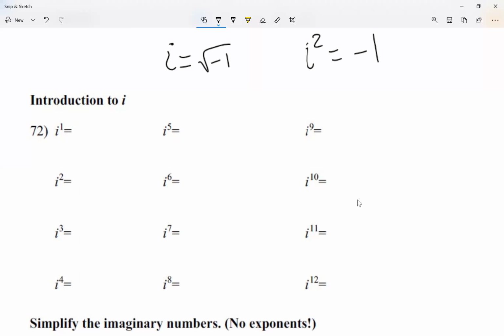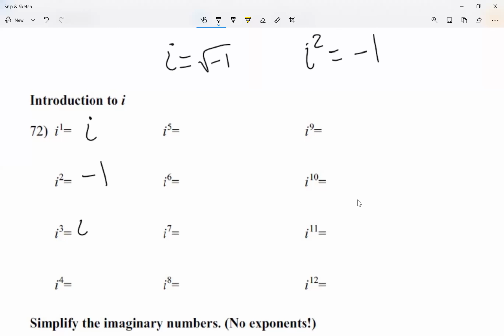Now, i to the 1, when we simplify, is just i. Anything to the 1 is just that number. i to the second power, I just said, is -1. Now, let me simplify i to the third. I know how to break exponents.